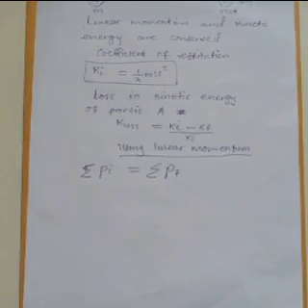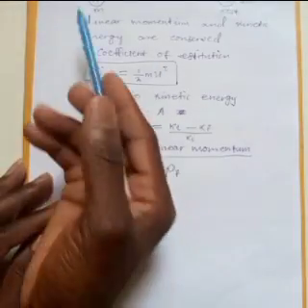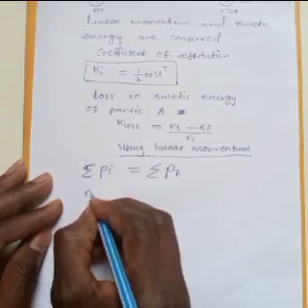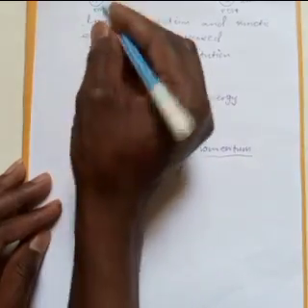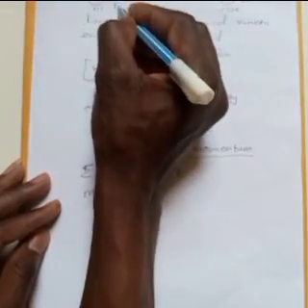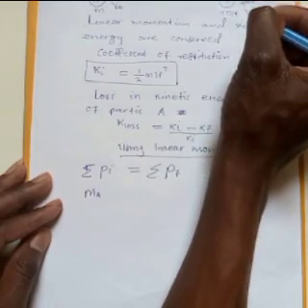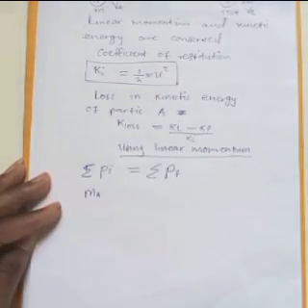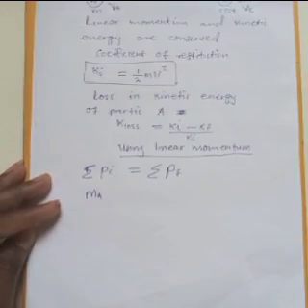Okay, so what next now? Here, the summation means you have to find the momentum for this as well as that one. So I'll say mass A. By the way, I can label the final velocity for this one as VA, and the final velocity for that one as VB. Using primes, you might end up getting confused.